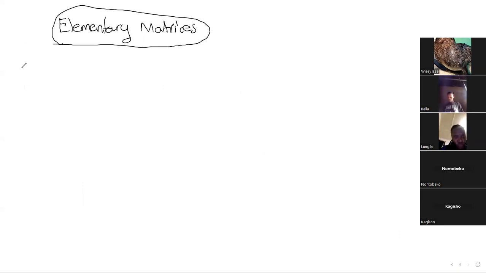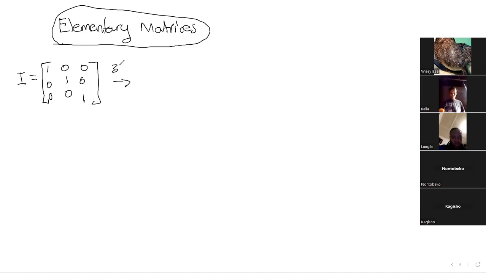An elementary matrix, basically, let's say you have an identity matrix. You call it I. And this identity matrix is 1, 0, 0, 0, 1, 0, 0, 0, 1. That's your identity matrix, right? Let's say I multiply one row of this matrix by 3.